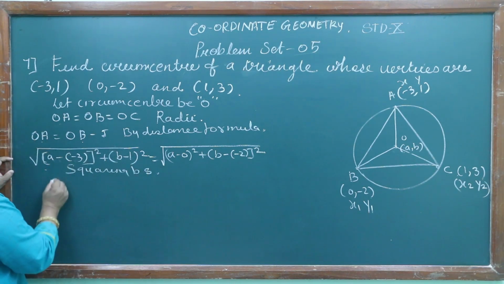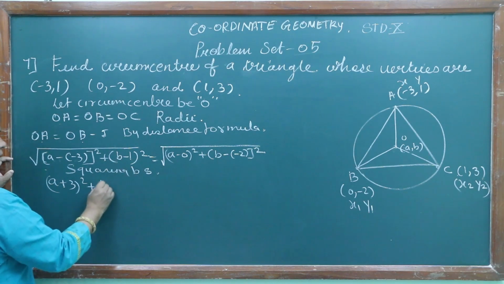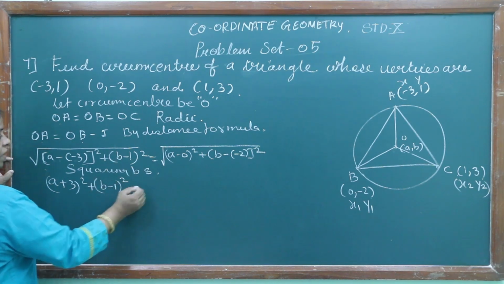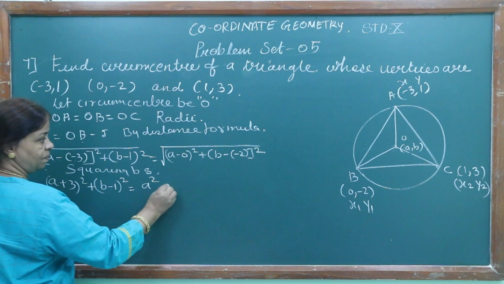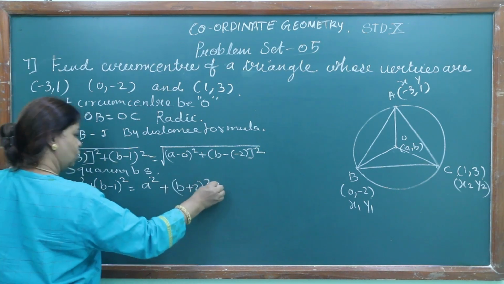So a plus 3 the whole square plus b minus 1 the whole square is equal to a square plus b plus 2 the whole square.